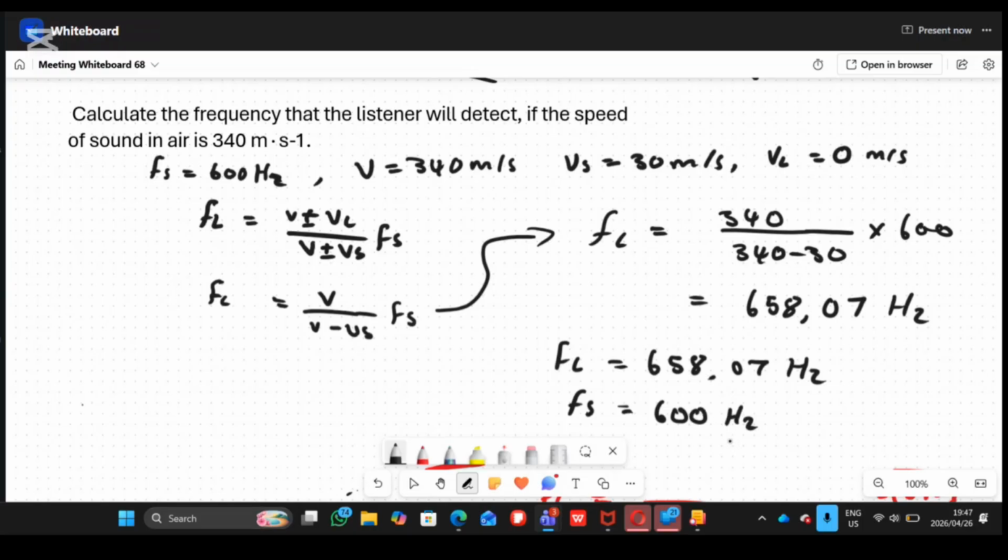So what do you see? In my case, the frequency of the listener is higher than the frequency of the sound source, which means when the sound source is moving towards you, you will hear a greater frequency than the one that is being released. You understand?